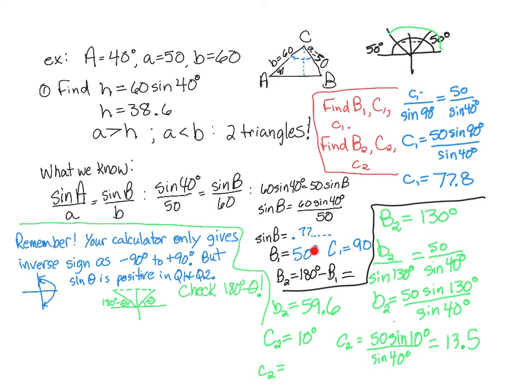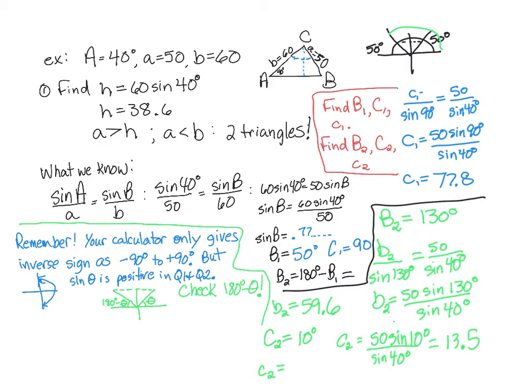We said 180 minus this, we got 130. When we find this, and we'll do it every time, when we get this angle right here, the second possibility, and we add it to this one, if it's less than 180, then you know you have a second triangle. Okay, so if it's less than 180, we've got it.